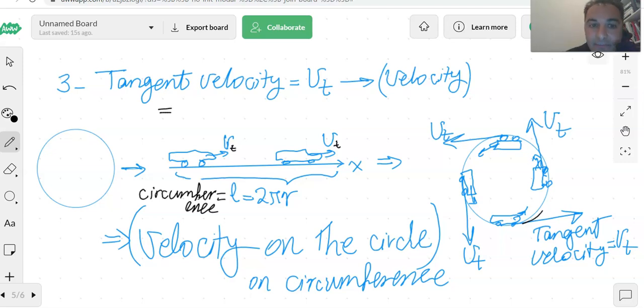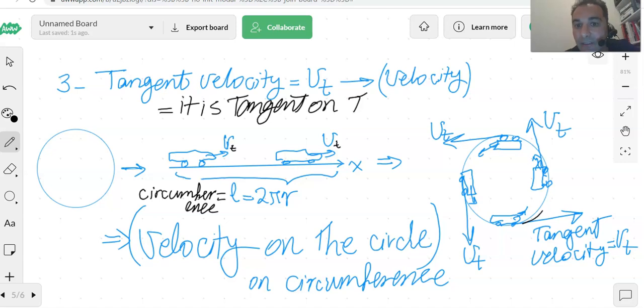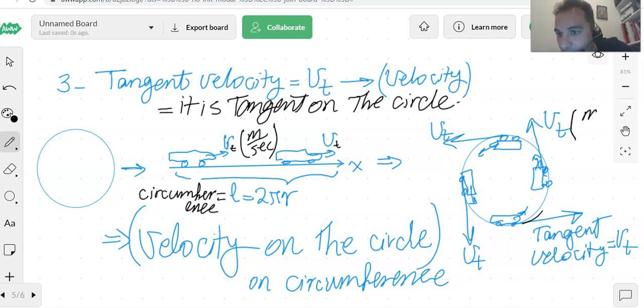Because it is tangent to the circle. Don't forget this. It is tangent to the circle. And as this velocity's unit is meters per second, we learned that in chapters 2, 3, 4. This velocity, which is tangent velocity, is meters per second.